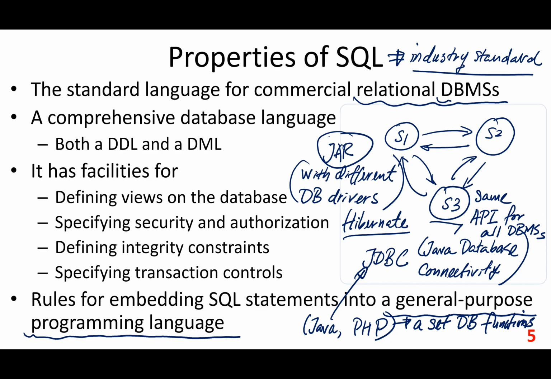In Java, you use the same classes, same methods, same user interfaces for all different DBMS, but with different drivers. In PHP, no drivers, but you need to use a different set of functions. Okay, so those are two different ways.